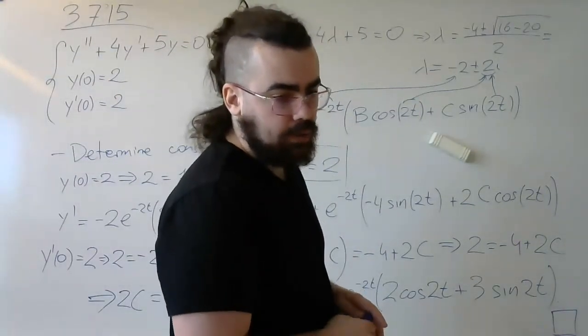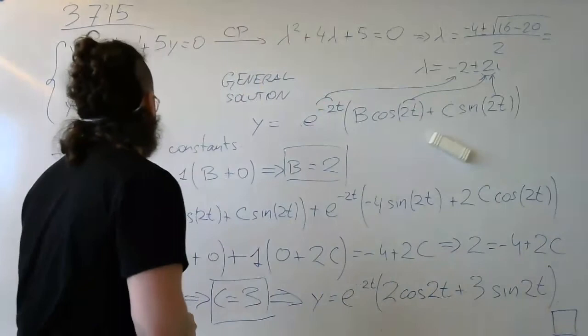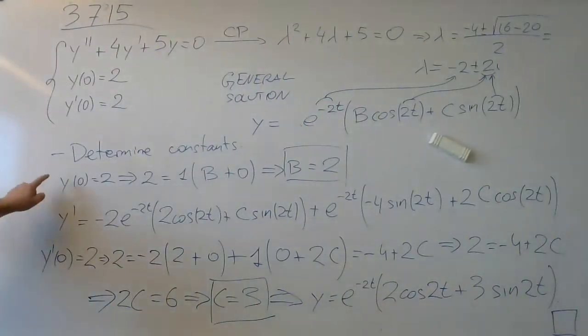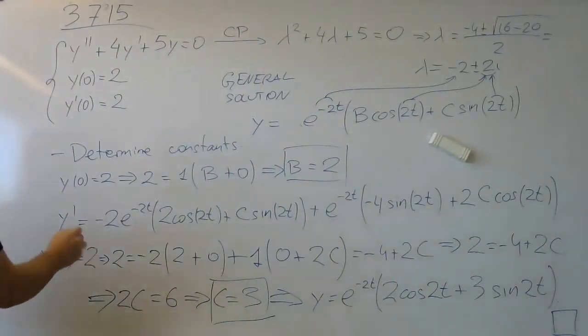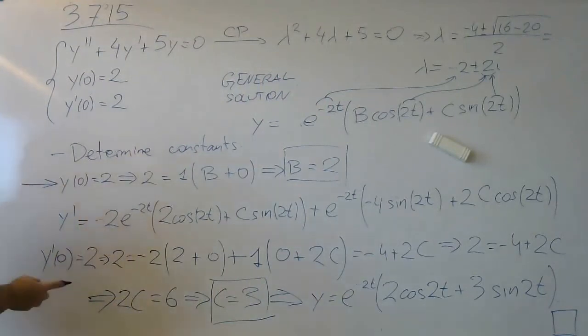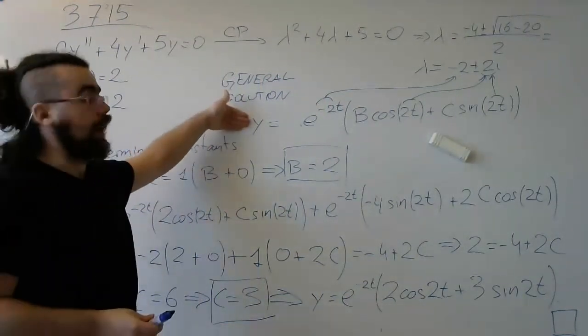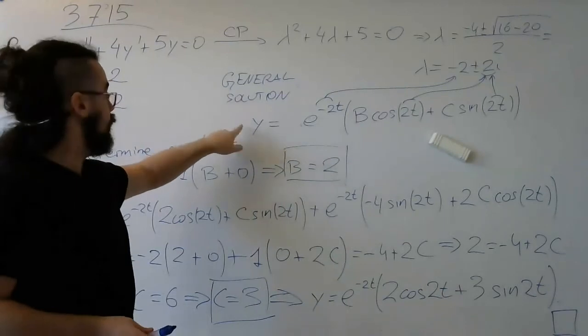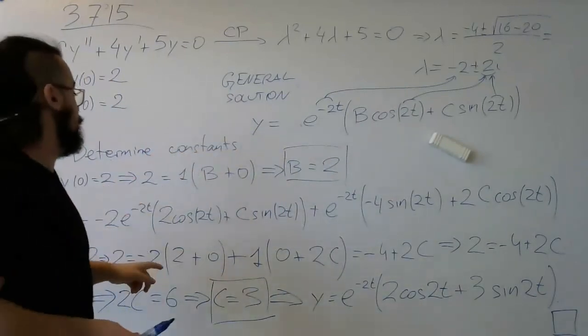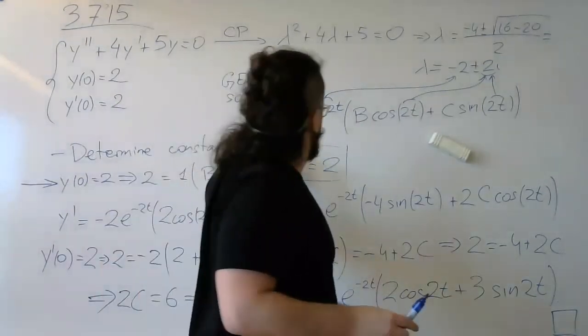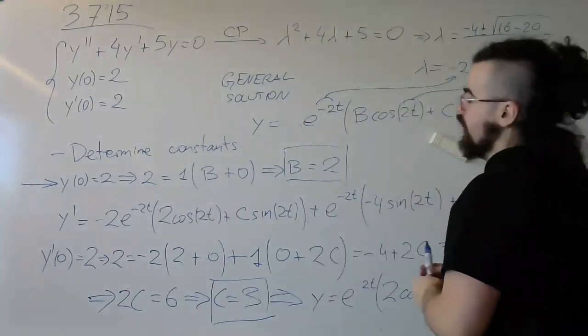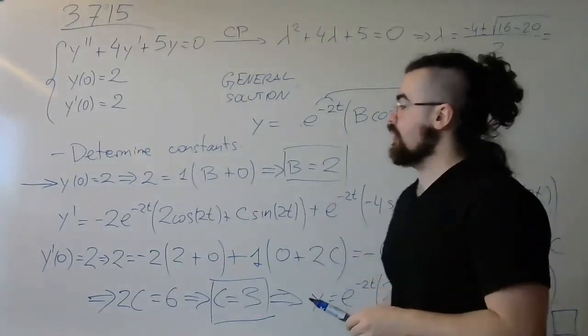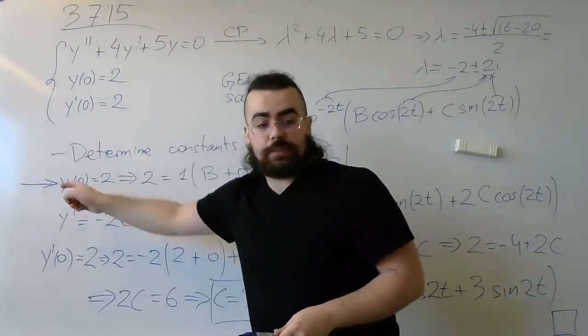How did I get 2 equals 1 times b plus 0? We use the first condition, y of 0 equals 2, and we substitute it here. Y equals 2, and we go here to our general equation, and we substitute t equals 0.